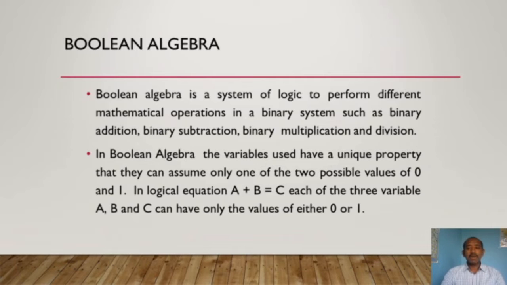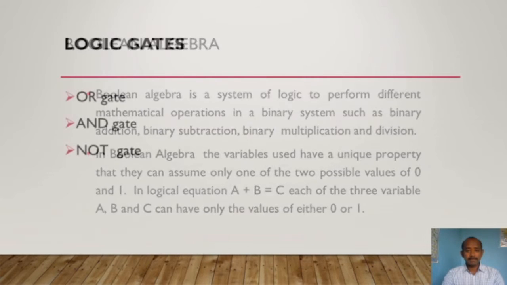So any one value will be the output. If you give the input in terms of 0 or 1, the output will be either 0 or 1. The logical equation is A plus B is equal to C, where A and B are the inputs and C is the output.